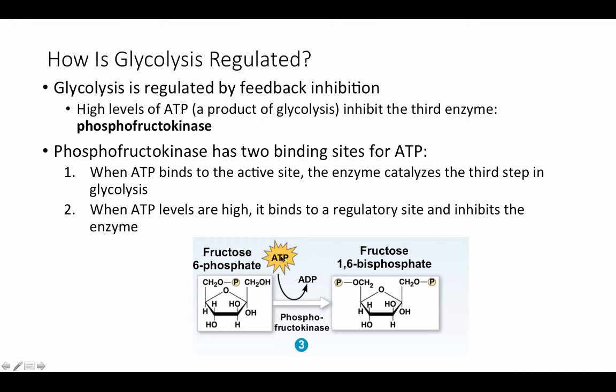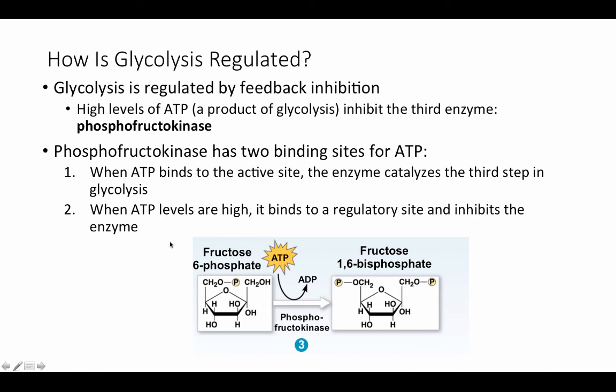This is one of the energy investment steps where ATP is broken down to ADP and the molecule is phosphorylated. During normal functioning, ATP is going to bind to the active site on phosphofructokinase and help to catalyze this third step of producing the fructose 1,6-bisphosphate.